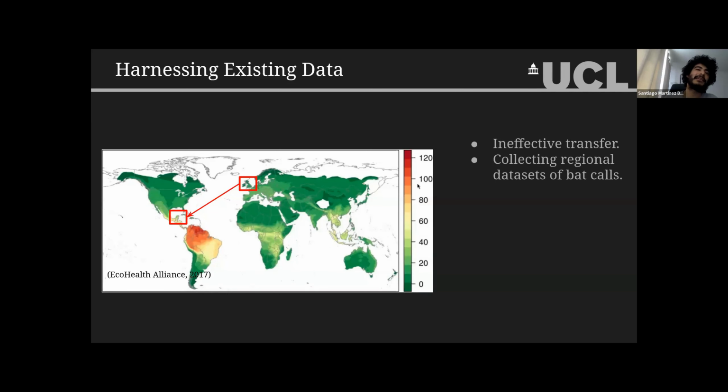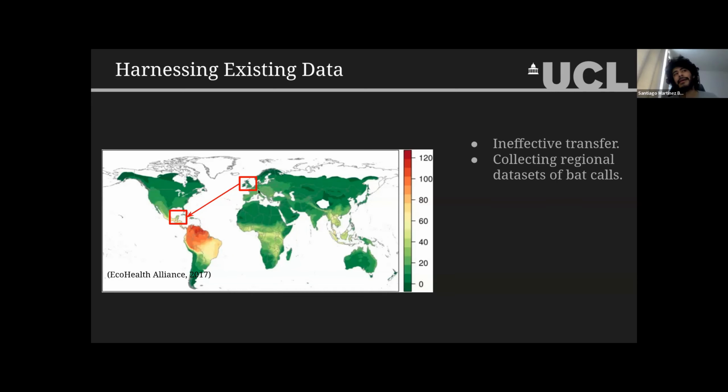So one of the things we've seen is that, for example, by training on our largest data set so far, which is the UK data set, we used the model I mentioned, the bat detector, and transferred it to the Yucatan Peninsula. However, the transfer was not effective in the sense that the performance of the transferred model was not significantly higher than the model that was just trained from scratch with all the data we had.